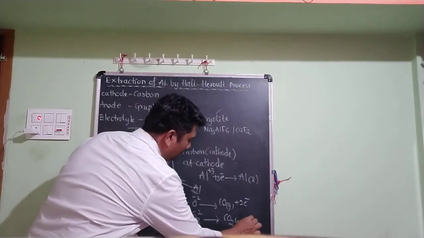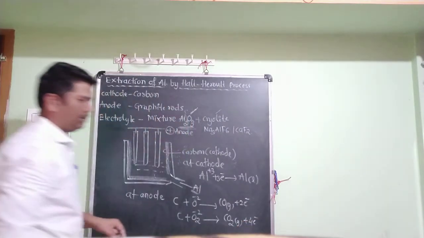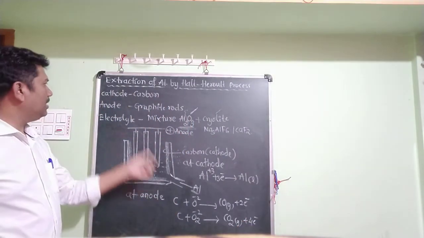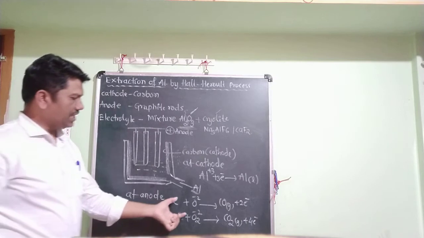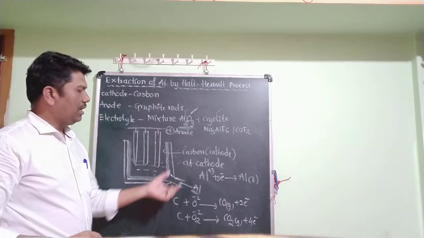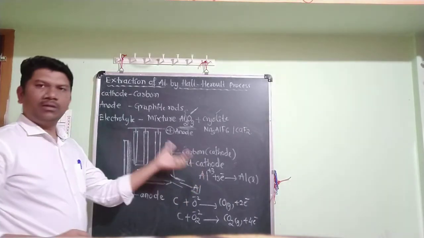These two reactions take place at anode. Oxidation reactions take place at anode and reduction reaction takes place at cathode.